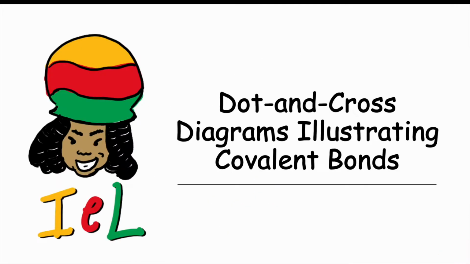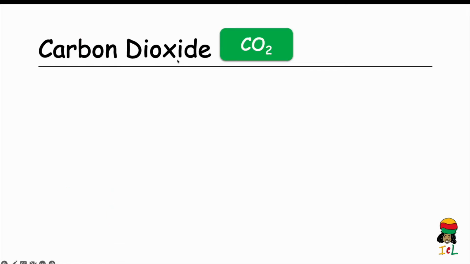So now it's time to begin drawing dot and cross diagrams to illustrate covalent bonds involving multiple atoms. The first example is carbon dioxide, chemical formula CO2. As we can see, carbon dioxide involves a covalent bond between 3 atoms, 1 carbon and 2 oxygen atoms.